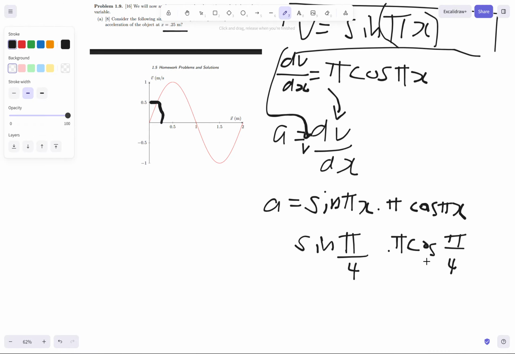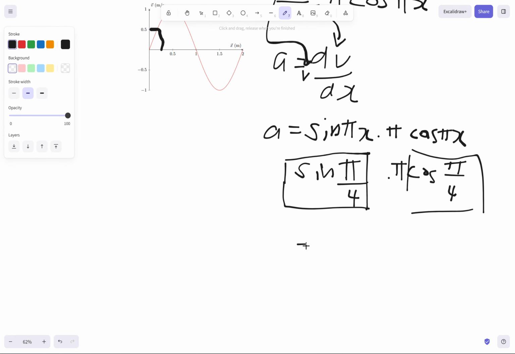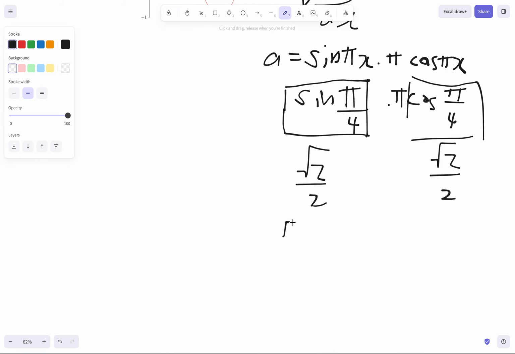If you have taken geometry, or I did this in algebra too, you will know that sine pi over 4 and cosine pi over 4 are both the same. This is just a trig identity, or just something to memorize. It's something that you learn, kind of like how sine squared plus cosine squared equals 1.